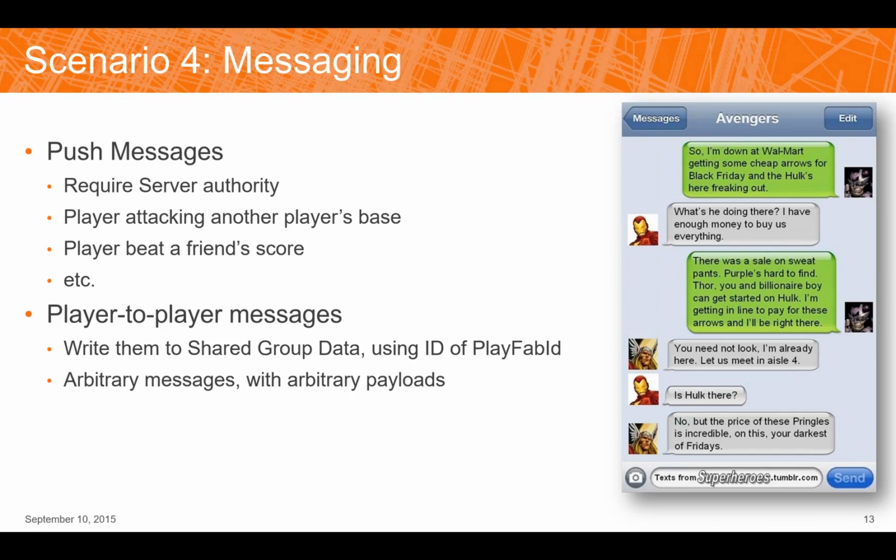When you create a shared group data, you give it an ID itself. If this is going to be a message box for a particular player, you may create it with the ID of messages and then the PlayFab ID of the player in question. And remember, in JavaScript, when you're creating the key for any data that you're posting to the system, the string and two-string calls are your friend.